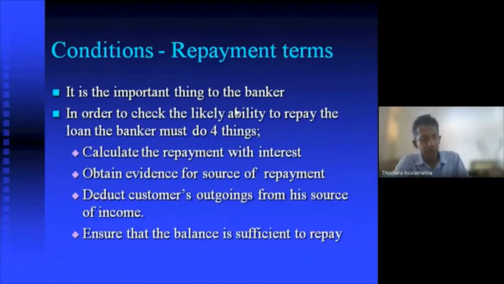When you are doing computations in terms of repayment, assessing the repayment capacity, you say this is the income, this is the deductible, this is the disposable, or take-home income, or the amount available for loan servicing. And then you see whether the client can repay the debt. So DSCR of this much or that much, then we will tell like that. So the third one is the repayment terms.